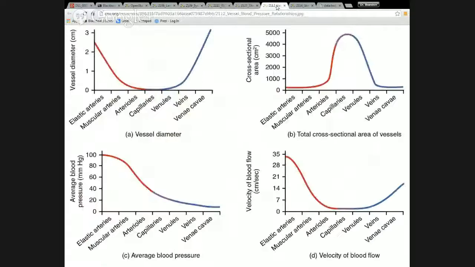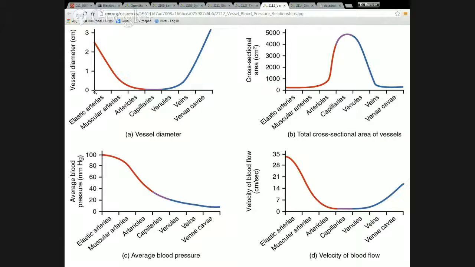Okay. So these four figures here are kind of looking at some different aspects of the relationships between blood flow, pressure, and resistance. All of them have along their y-axis the same sort of layout, which technically means distance from the heart.